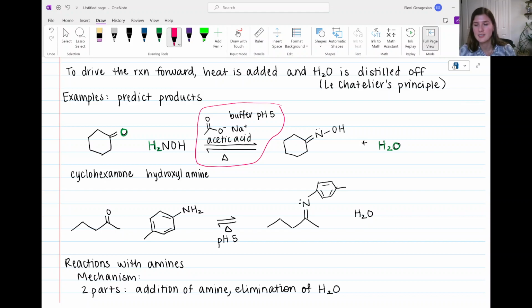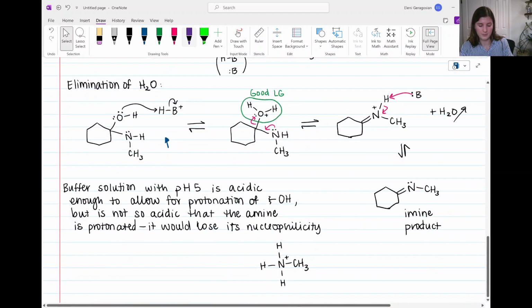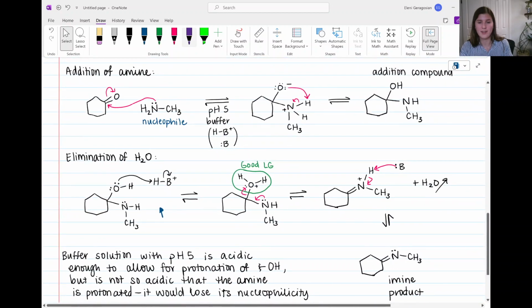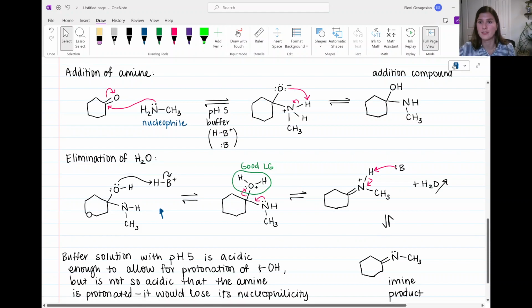So acetic acid is a good acid to use for that buffer solution to keep that pH of 5 or near 5. So here's our mechanism to add an amine to an aldehyde or ketone, and then a little bit of an explanation of why we use a buffer solution here.